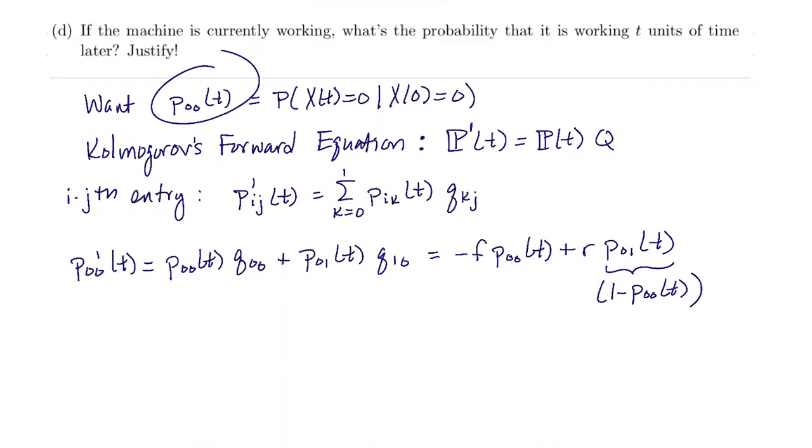So when you do that and rearrange things, you've got P00 prime of t plus (f plus r) P00 of t equals r. And then to solve this differential equation, if you look at the left side, it almost looks like a derivative with an e. In fact, you need to multiply through by an integrating factor, e to the (f plus r)t, on both sides.